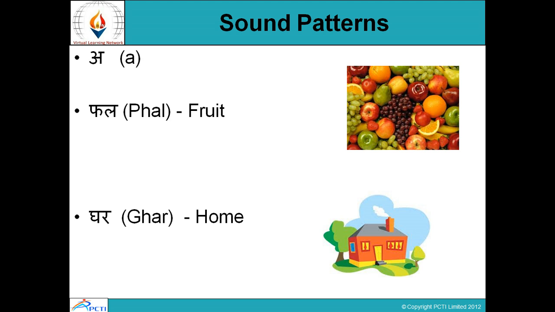Fal, P-H-A-L. A symbolizes the sound of a. Fal is fruit. You all know fruit. Different fruits we have: mango, apple, banana, pear, grapes. These are all fruits. In Hindi we call it fal.